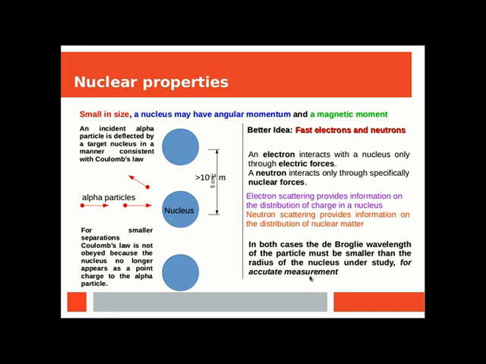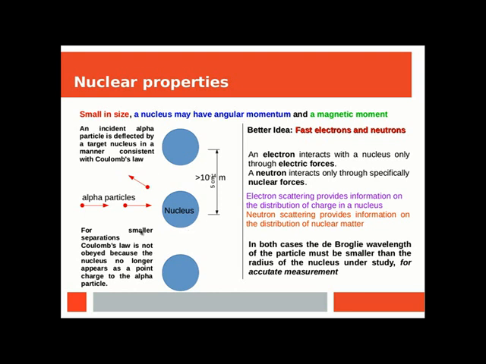Now let us talk about nuclear properties. First of all, let us know what is the typical size of a nucleus. Nucleus has size of the order of femtometers. An experimental method to know the size of a nucleus can be the famous Rutherford's alpha particle experiment.